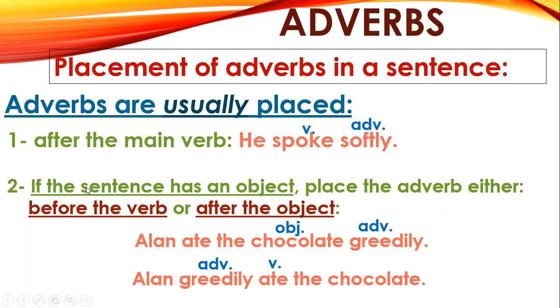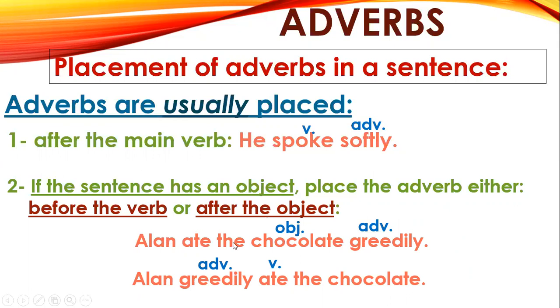Again, if the sentence has an object, place the adverb either before the verb or after the object. So, in sentences that have objects, I can put my adverb either before the verb or after the object. It's up to me. Let's see an example.